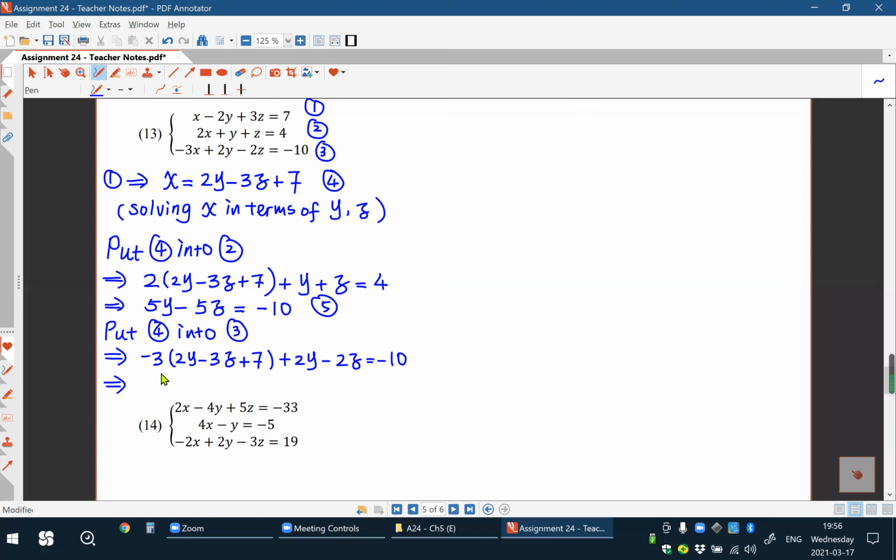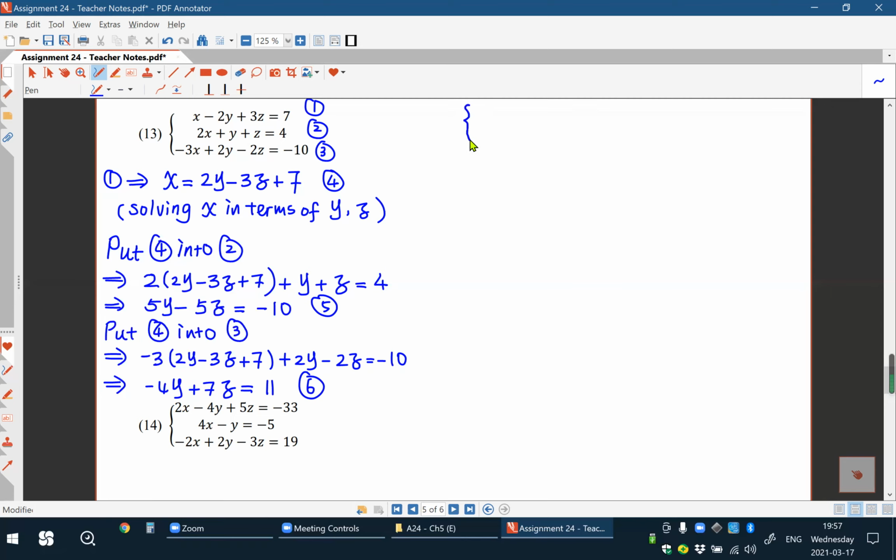Minus 6y plus 2y is minus 4y, and minus 3 times minus 3z is 9z, 9z minus 2z is 7z, and equals minus 21. To the other side, minus 21 minus 10 is minus 11. Then you will get number 5 and number 6.